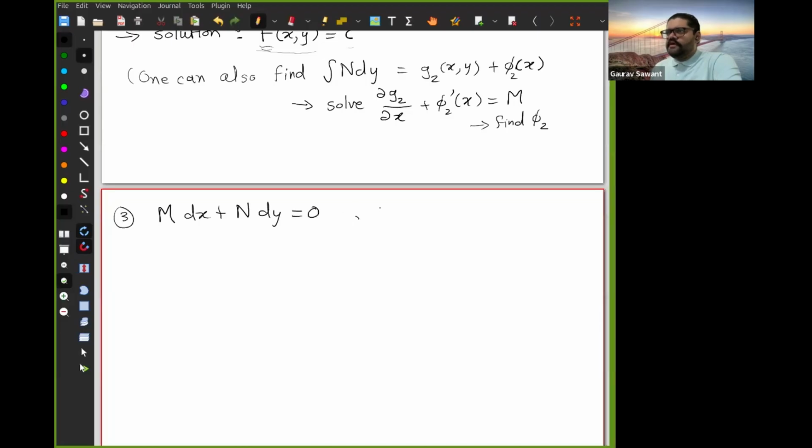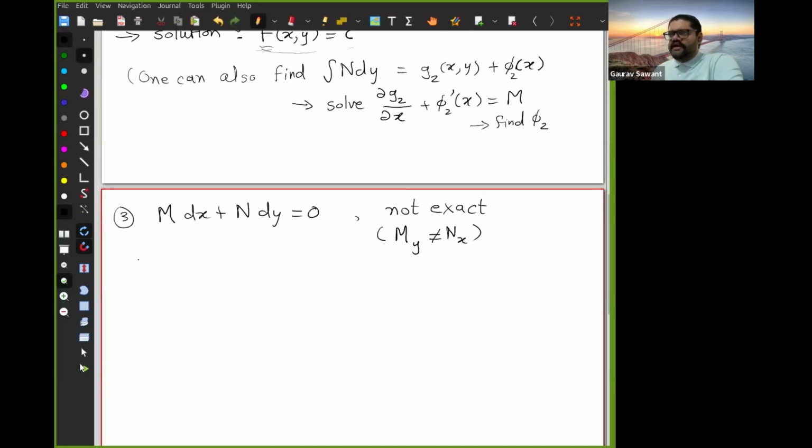But this may or may not be exact. So I will just write not exact for the time being, which just means that M_y is not equal to N_x. Okay. So in this case, our previous method does not work.